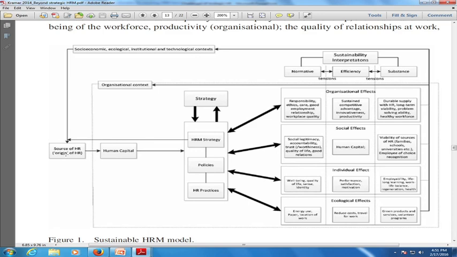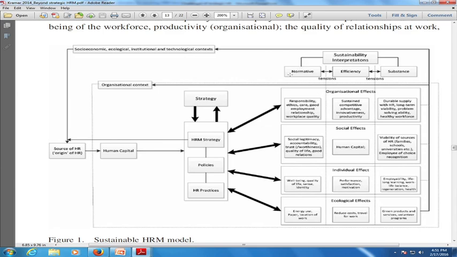According to this model, there is a source of human resource, which is the origin of human resource, that feeds into the human capital, what human beings can do, and that in turn feeds into this mix of human resource management strategy, policies and practices, which are dependent on and feed into the overall strategy of the organization. This in turn relates to the sustainability interpretations.